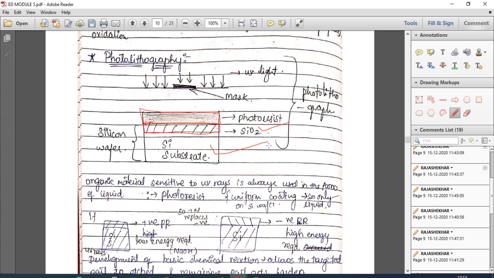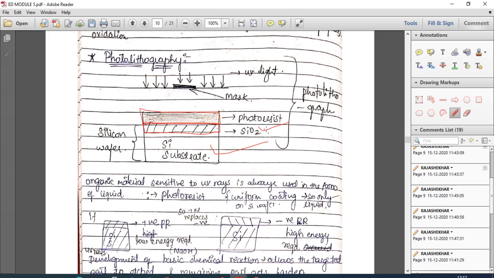Another important thing is that it is always available in the form of liquid. It is also called NaOH, sodium hydroxide. Because of this nature, being very sensitive to the light, it is always used in liquid form. It has two types: one is positive photoresist and the second is negative photoresist.